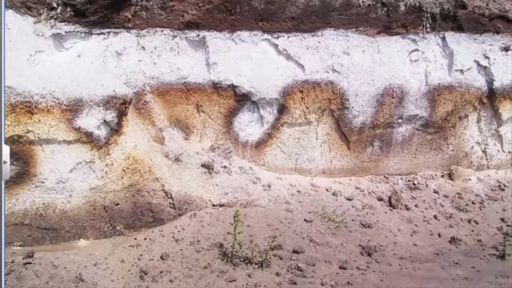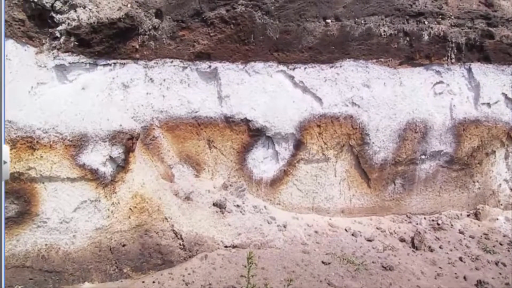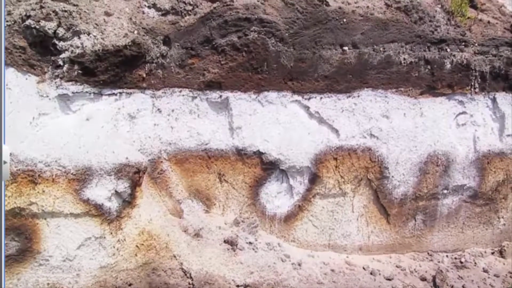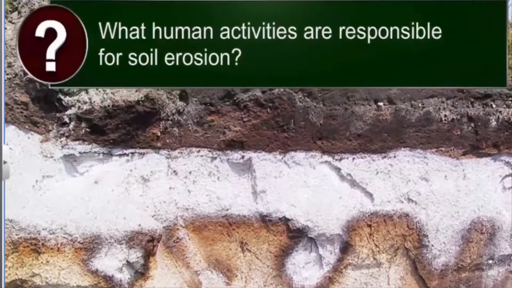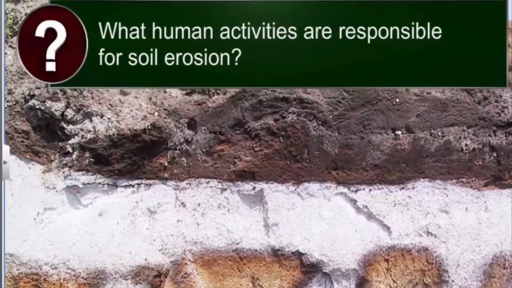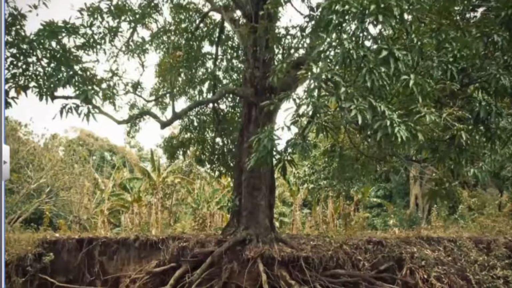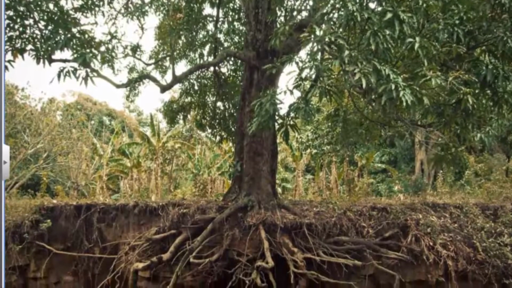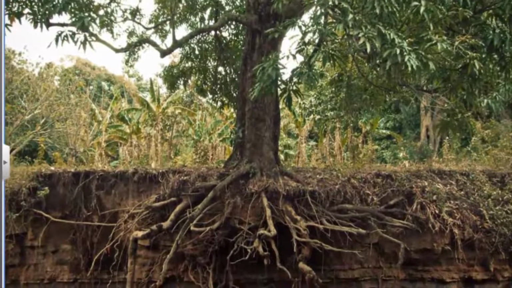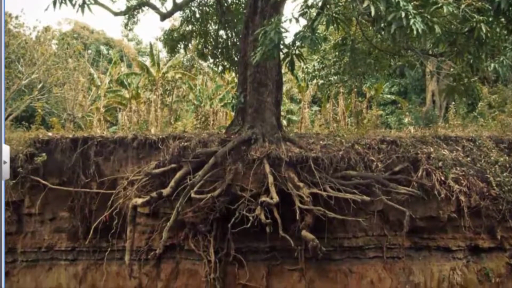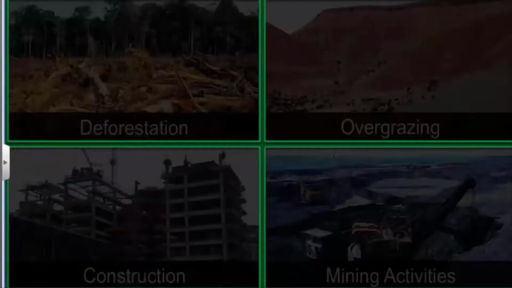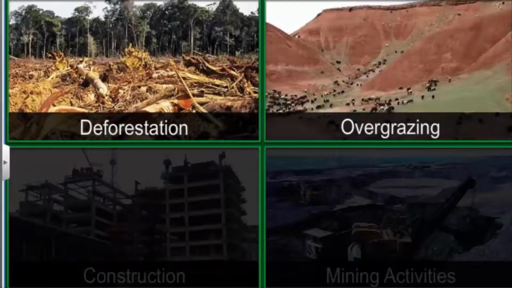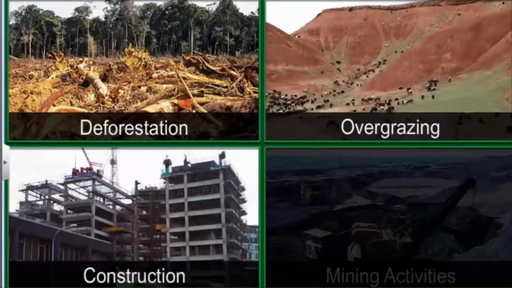Some human activities have increased the rate of soil erosion by natural agents like wind and running water. What human activities do you think are responsible for soil erosion? The roots of plants and trees keep the soil moist and hold the soil particles together. Humans destroy vegetation cover by deforestation, overgrazing, construction, and mining activities.